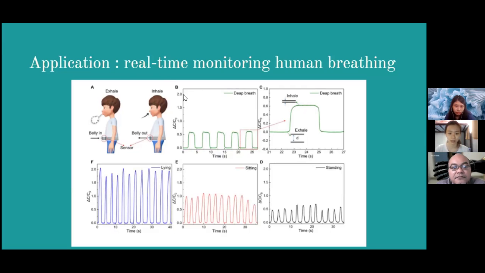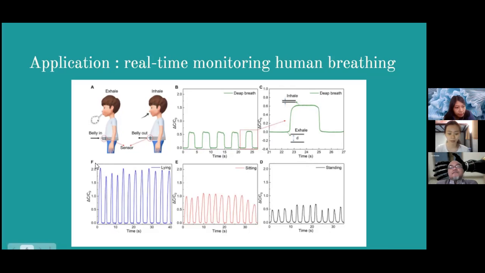As we can see in B, when the individual takes a deep breath, in one time interval or one wave, this is the zoomed-in version. This one is when the distance is at the initial position, which is when the individual exhales, and the peak is when the individual inhales. So one time interval shows the cycle from when the individual takes a breath and then releases it.